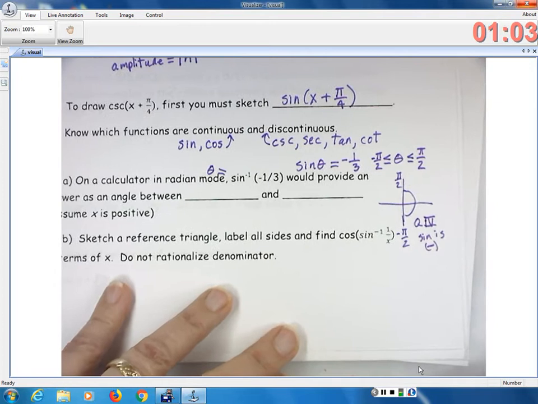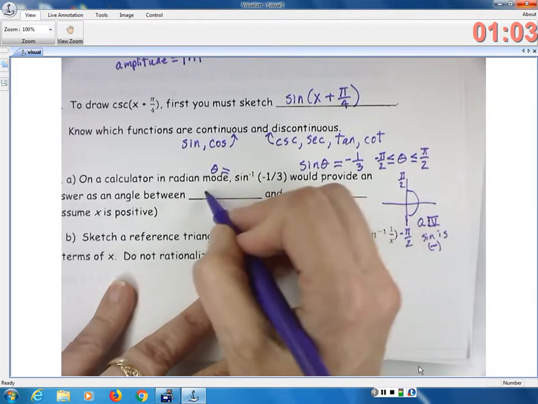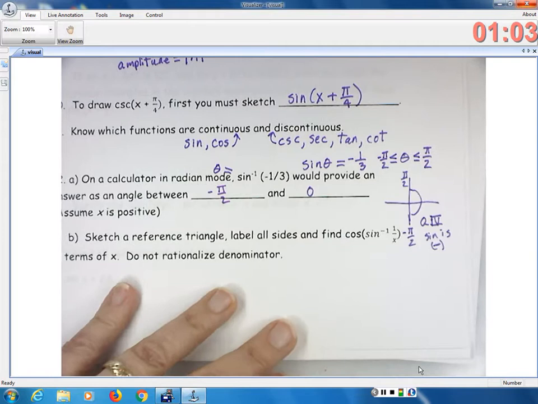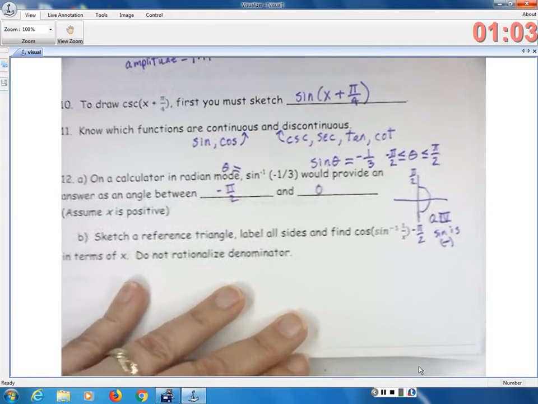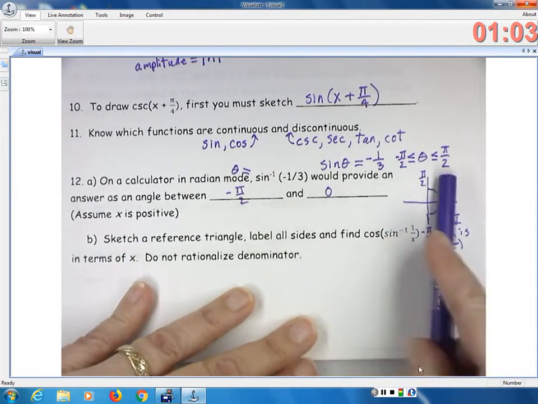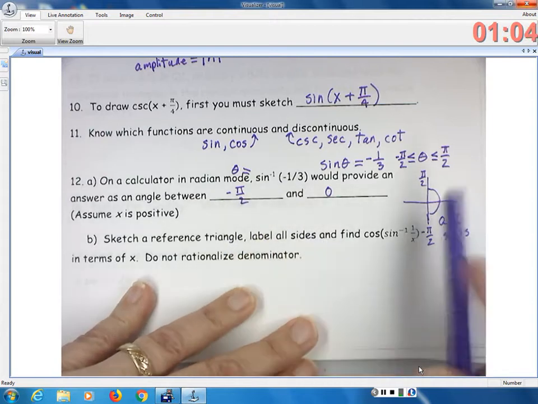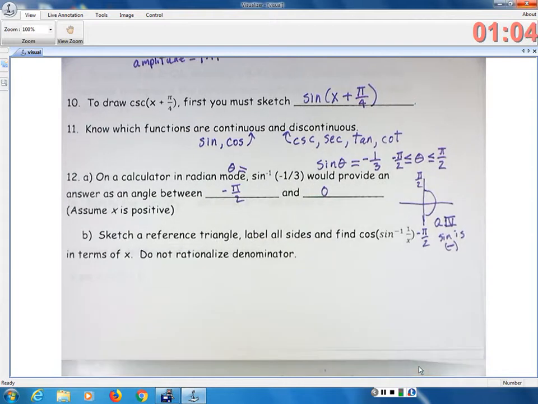So you're going to get an angle between -pi/2 and 0. That's the kind of thing we want here. Not just knowing this, but knowing that since it's negative, you have to be in quadrant 4. Make sense? Okay.